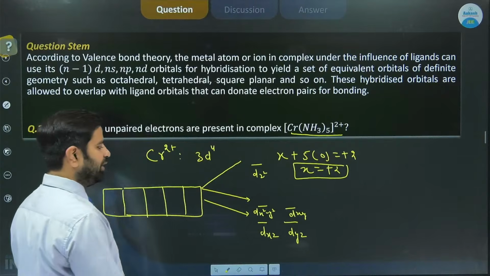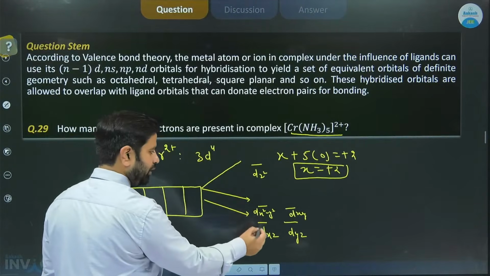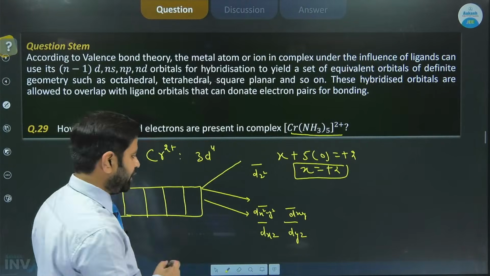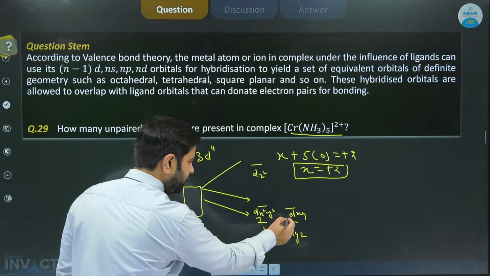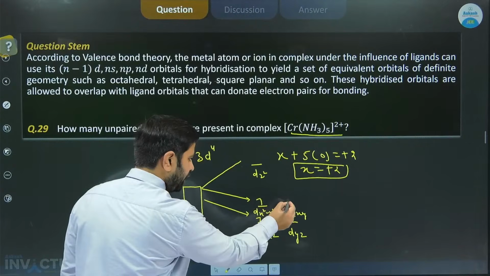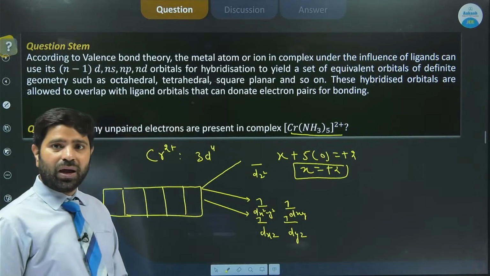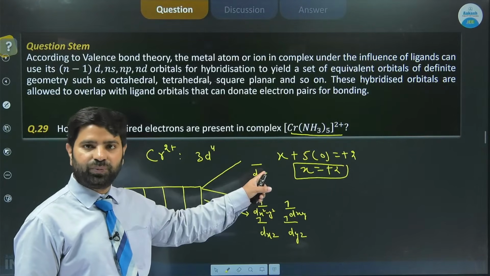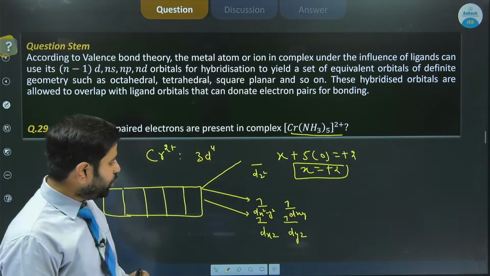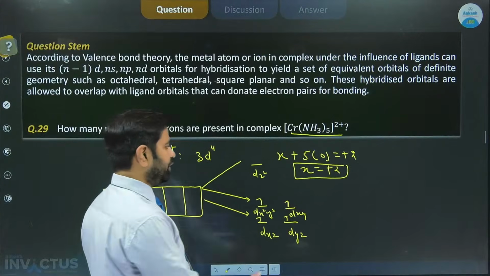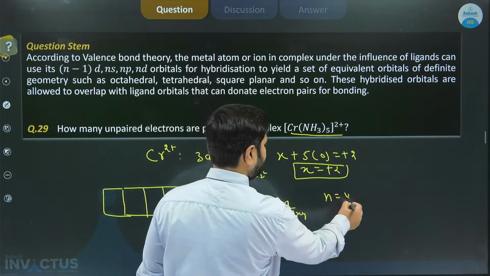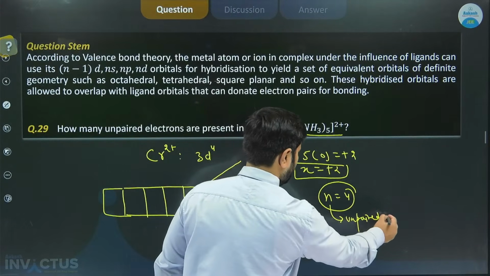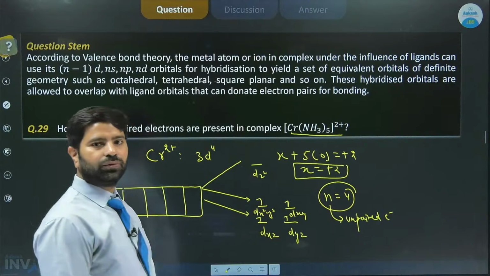So when you fill the electrons in these orbitals, these are the splitting according to the CFSE in trigonal bipyramidal geometry. 1 electron, 1 electron, 1 electron, and 1 electron. And the hybridization would be dsp3, this d orbital would be used in the hybridization. So how many unpaired electrons are present? Unpaired electrons present are 4. So the answer to this question is 4.